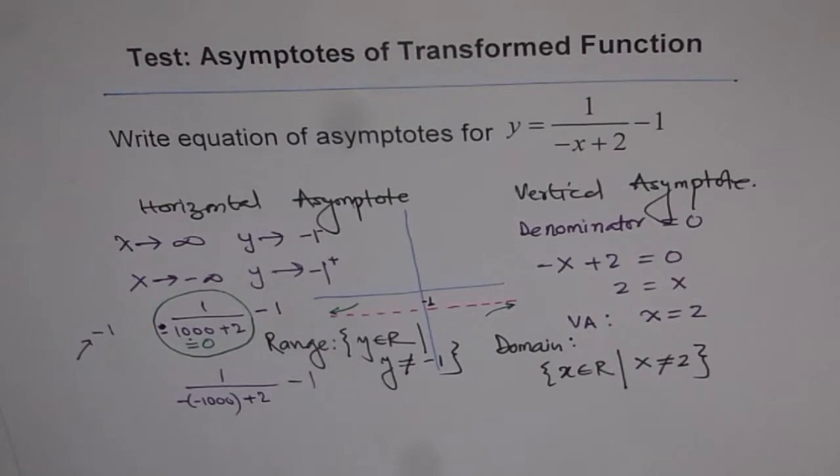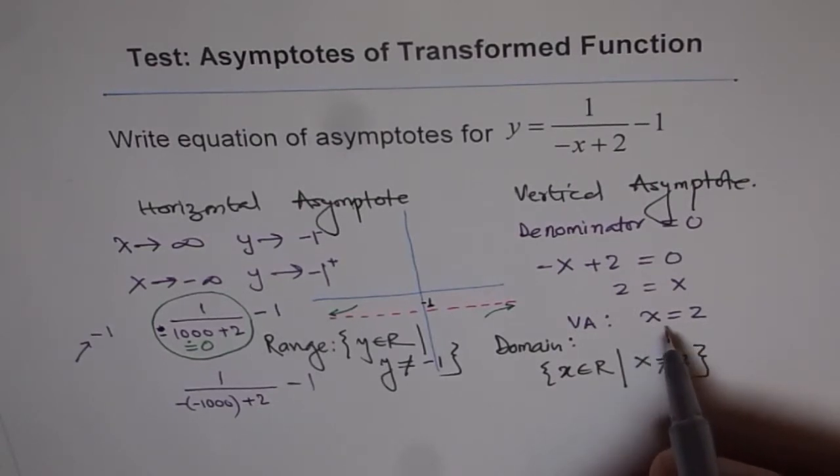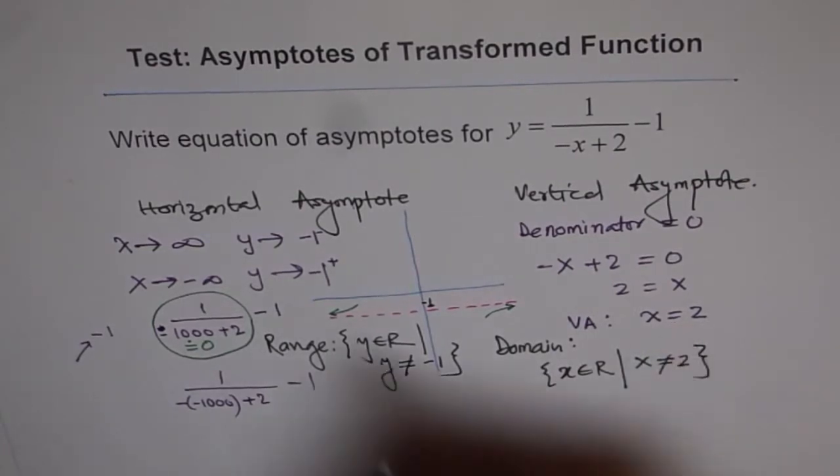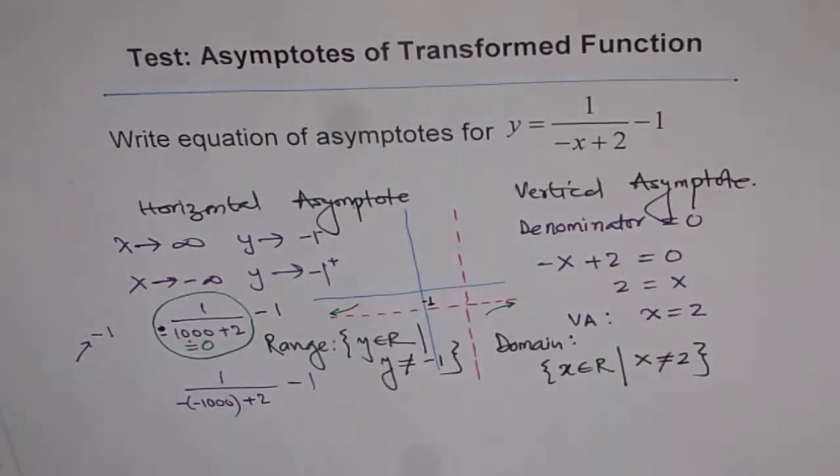That is how we get domain and range for reciprocal transformed functions. I hope that's absolutely clear to you. We also saw that the vertical asymptote was at x equals 2, so we'll have a vertical asymptote here at x equals 2, right?